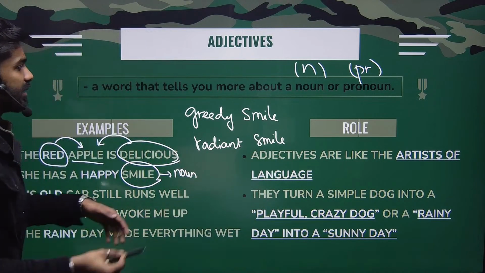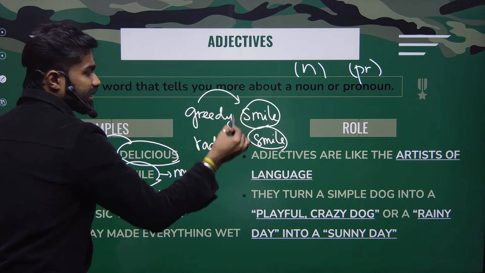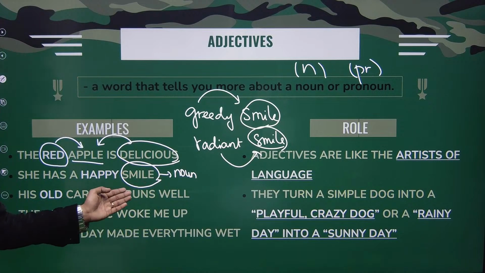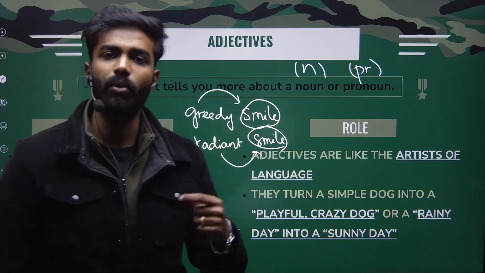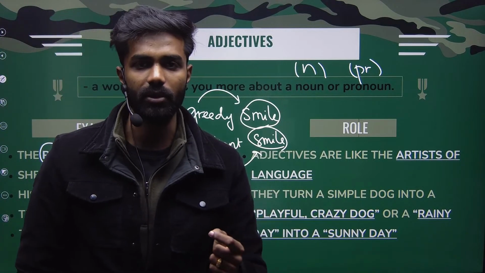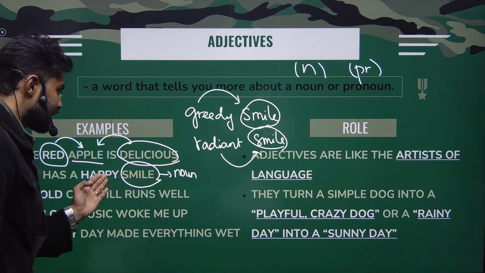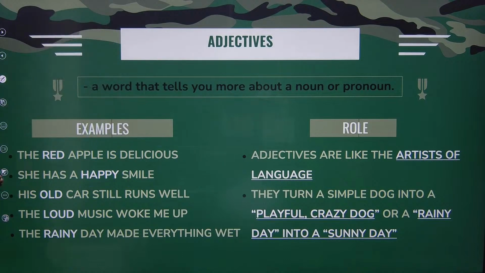These are my nouns, and these are the adjectives which are modifying my smile. So happy smile, greedy smile, radiant smile, all these words are modifying or giving additional information or extra information about my nouns. So I call these my adjectives. Clear? Now look at another example.